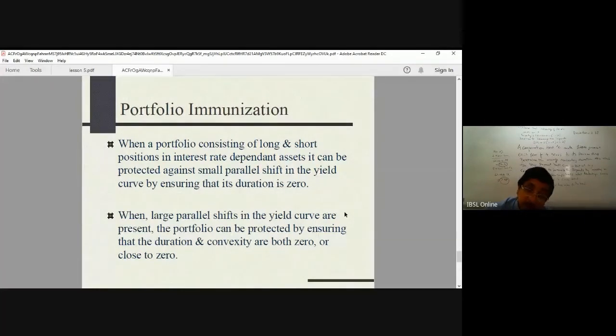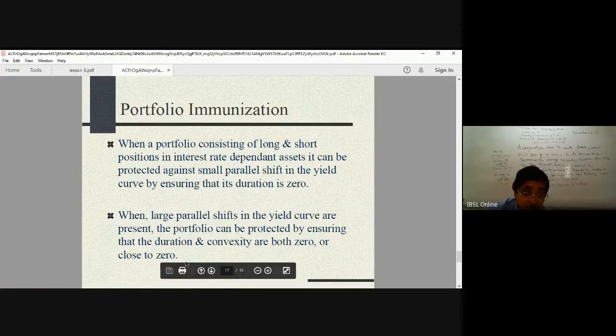But if the yield curve shift is substantial, not a small shift, then in order to immunize the portfolio, we have to look at not only the duration, but the convexity also.